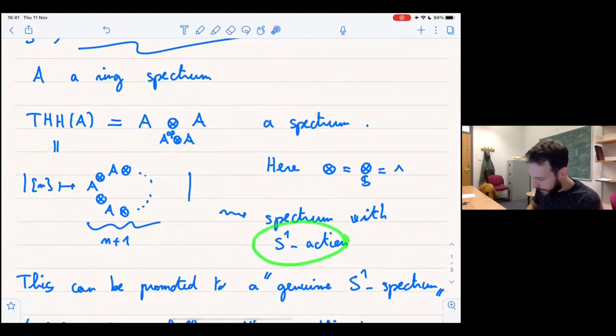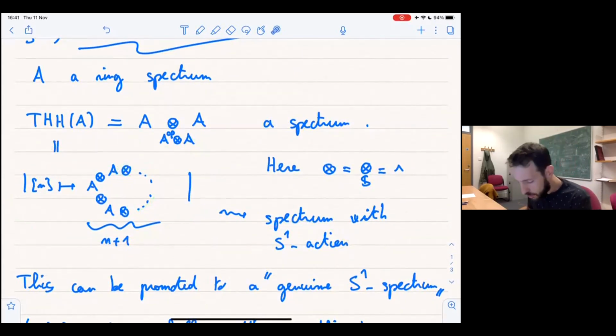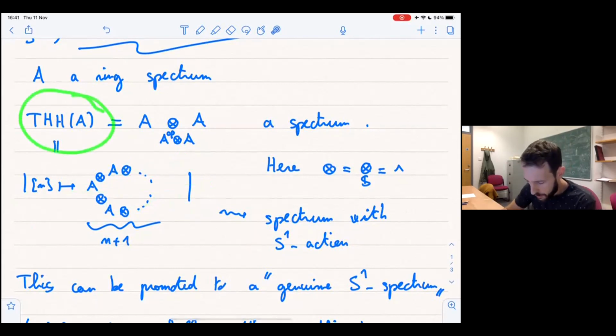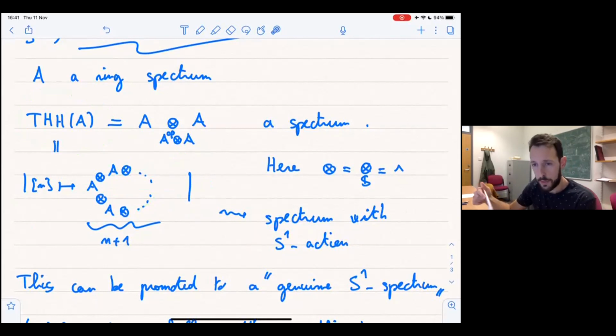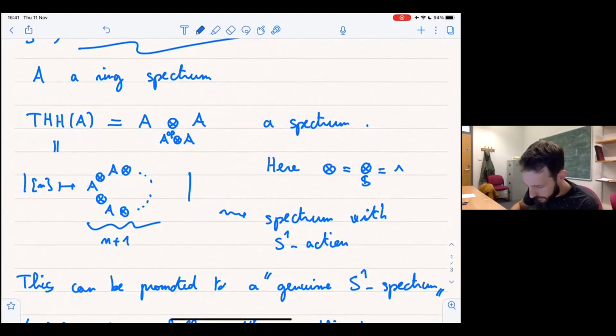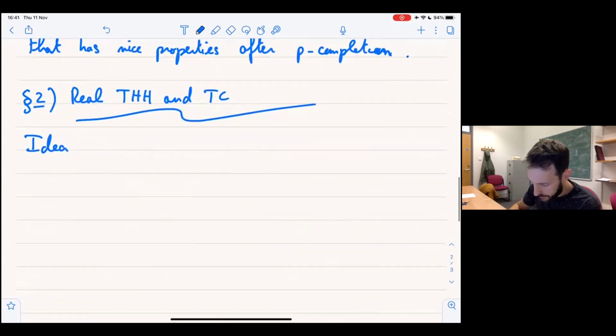We used this S1 action, which is given by rotating this tensor product. Now there is an extra structure that you can try to exploit on the circle, which is the reflection along some axis. So we'd like to basically endow this object with a Z/2 action, or maybe even better, the structure of a genuine Z/2 spectrum, by exploiting this reflection along the horizontal axis. And that's the idea of real THH and real TC.